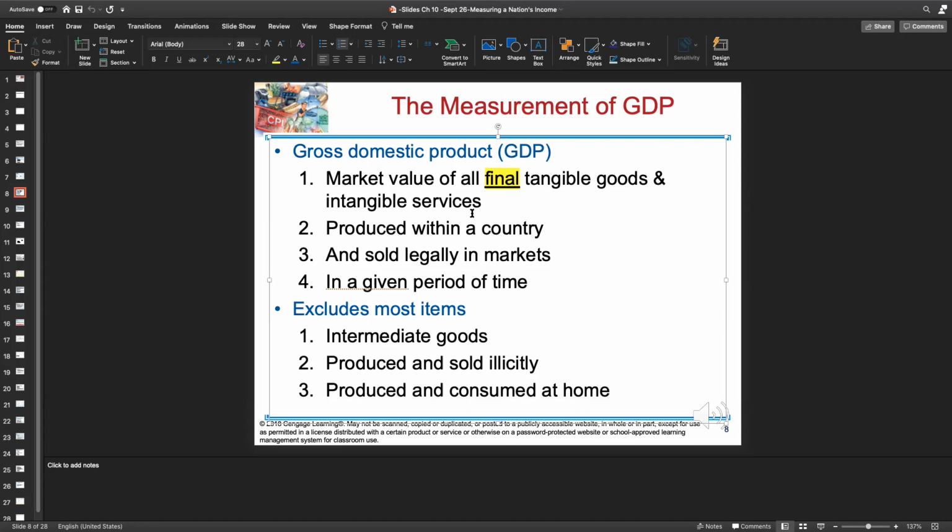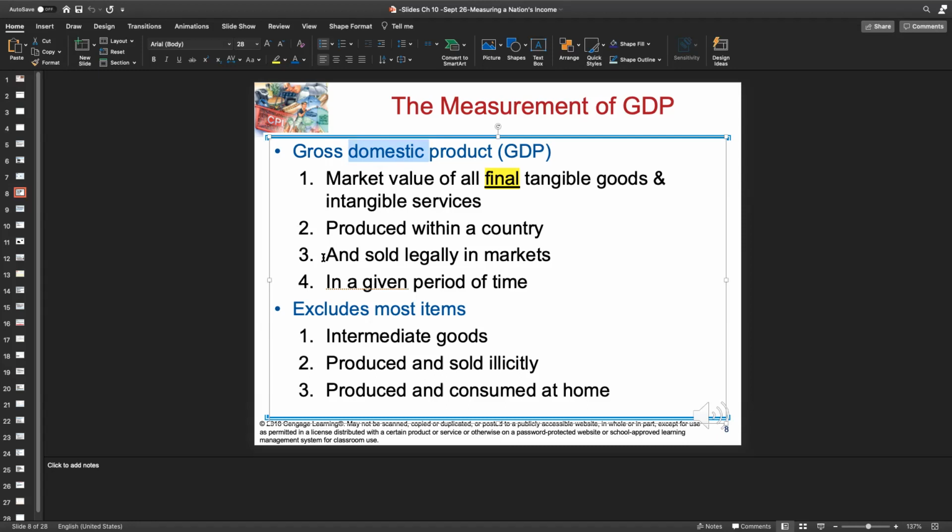So that should be considered in the gross domestic product. There is another indicator, gross national product, which is different and which we will talk about later. But gross domestic means anything domestically produced within our country.